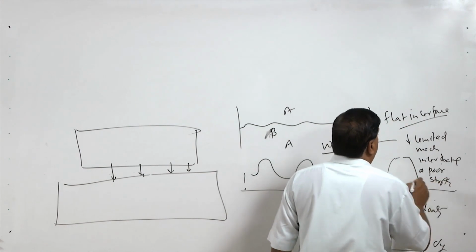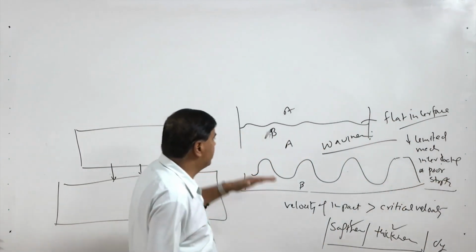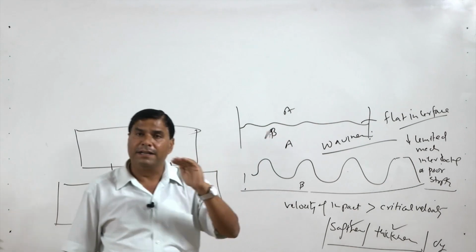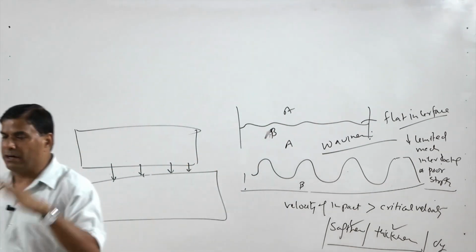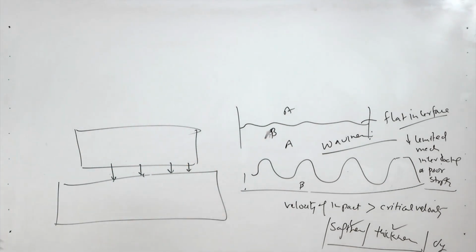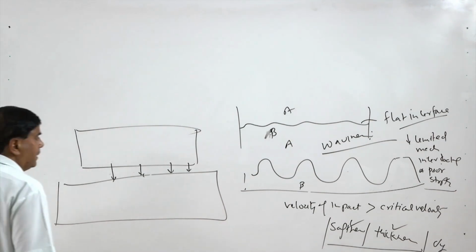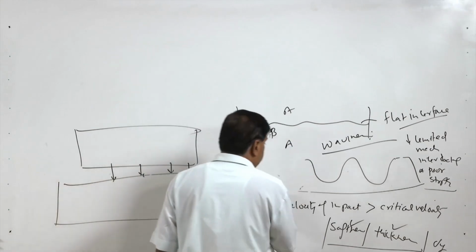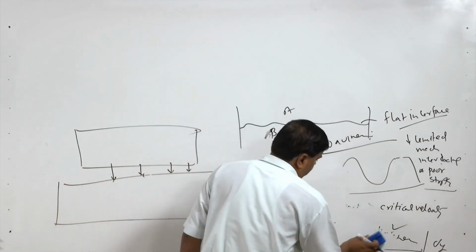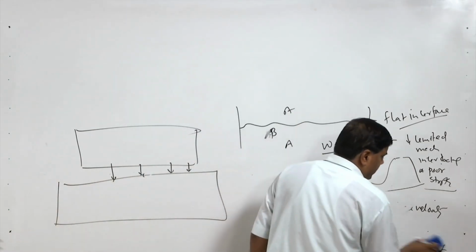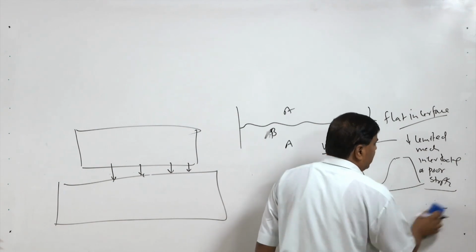the two is poor strength. The flat interface is formed especially when the velocity of impact is less than the critical velocity of the prime component. That is why sufficient velocity must be attained by the prime component in the course of explosive welding.